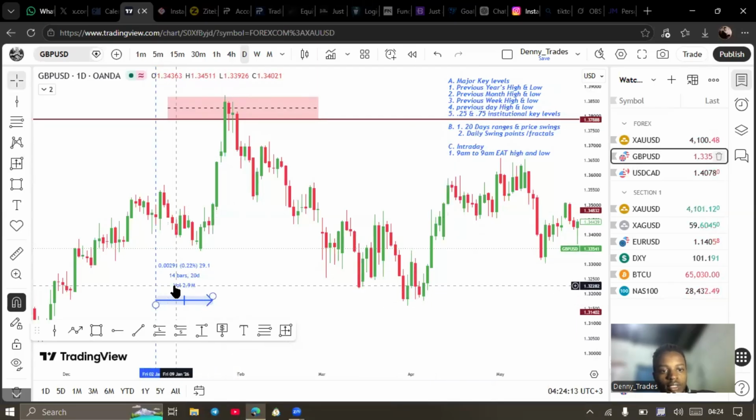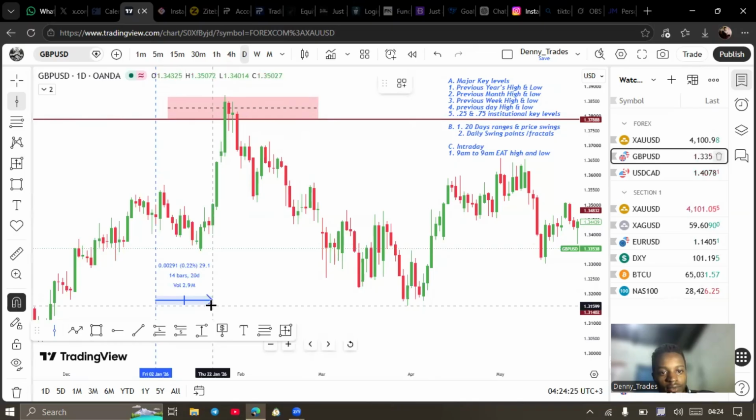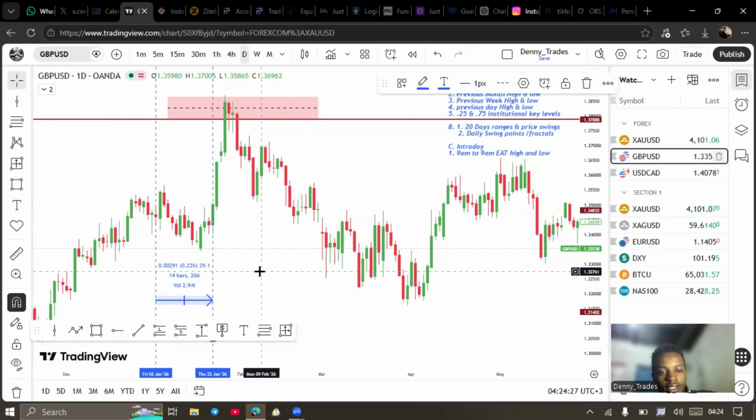So once you count the 20 days, which is just 14 trading days or 14 daily candles, you want to put a vertical line at the end of each 20-day range. When hunting for opportunity, your mind is trading inside this range.